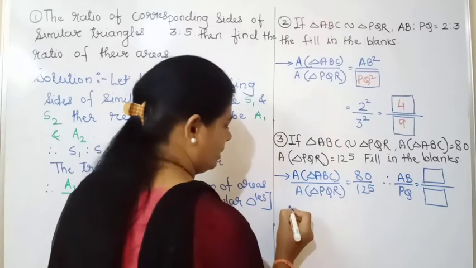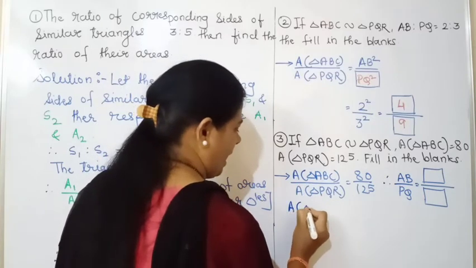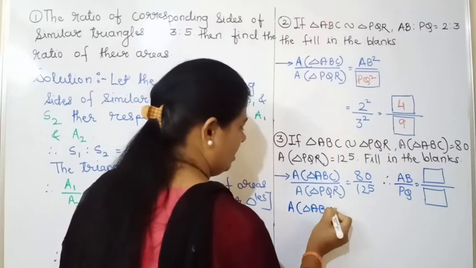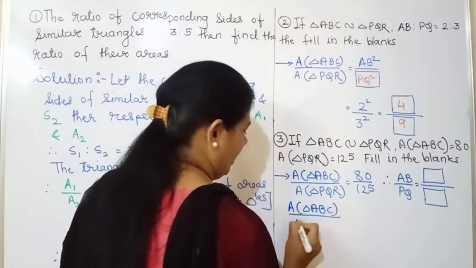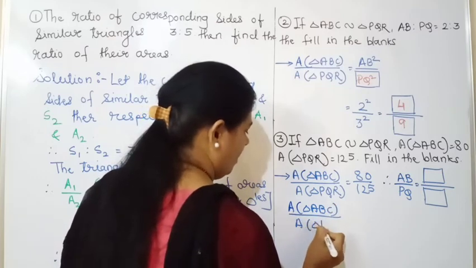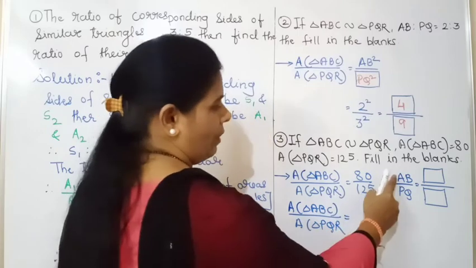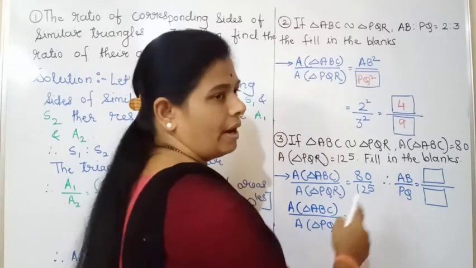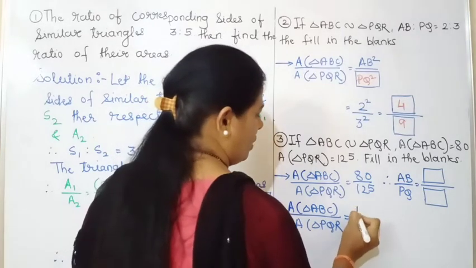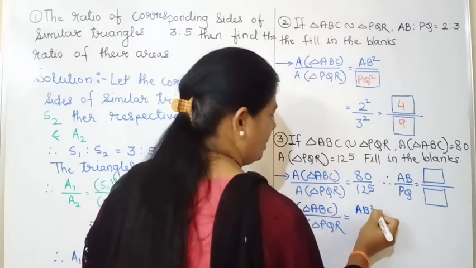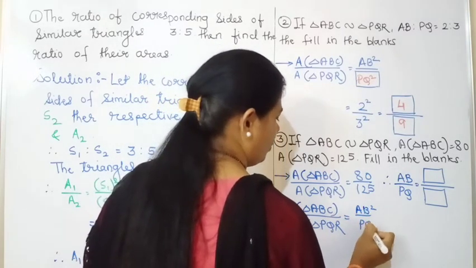So what is given here, that is area of triangle ABC upon area of triangle PQR is equal to AB upon PQ, and therefore we will write AB square upon PQ square.